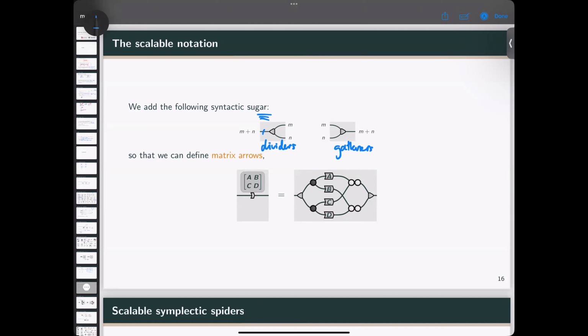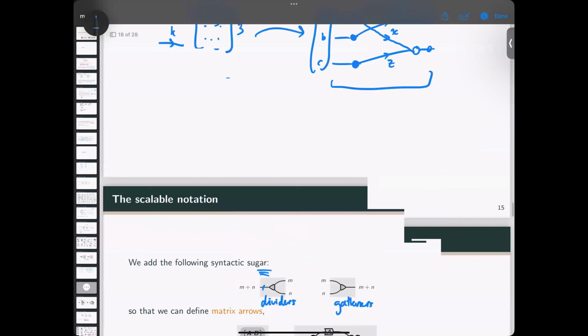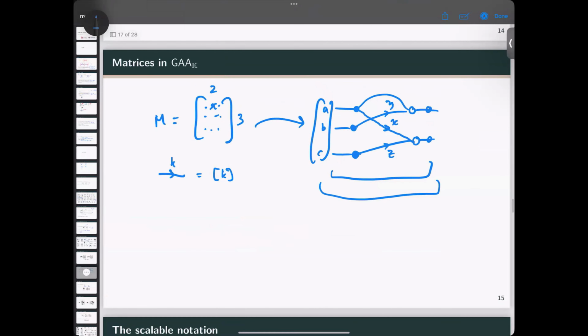And then we can define matrix arrows, where now my matrices go from the type M to N, simply by taking this big diagram up here and then packing all of the input wires together.